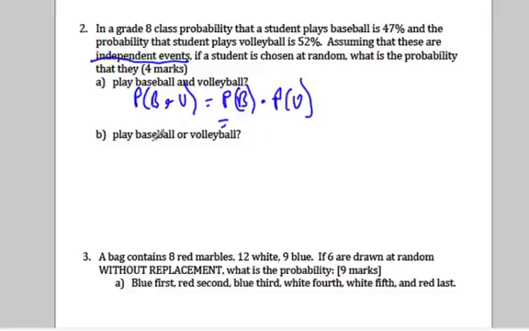Okay, so this is the rule for independent events. So the probability that they play baseball is 0.47 times the probability that they play volleyball, which is 0.52, which comes out to be 0.24, which works out to be 24.4 repeating percent.